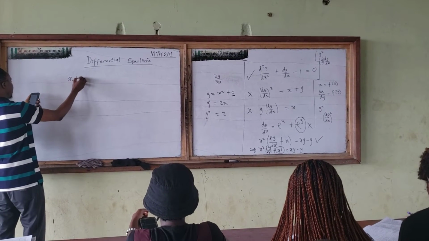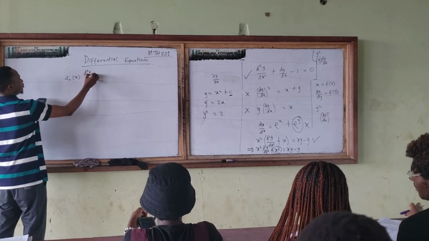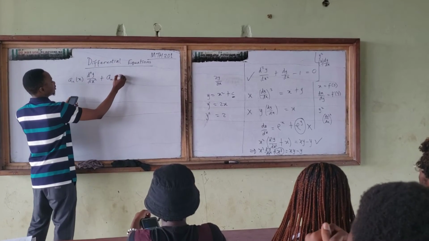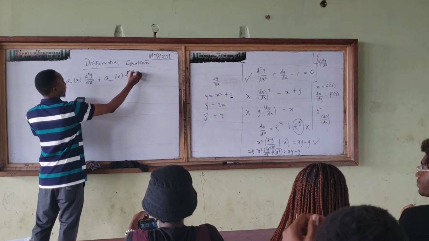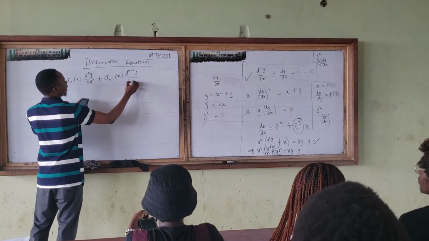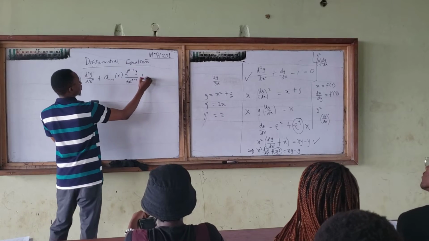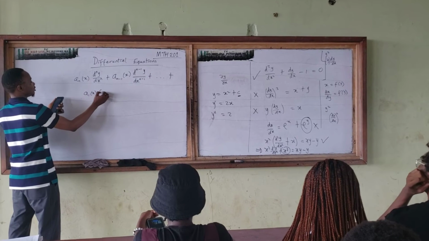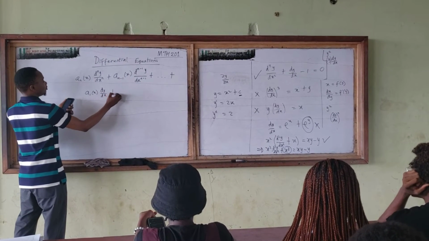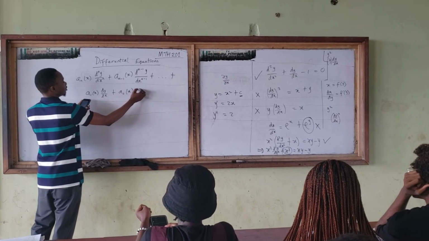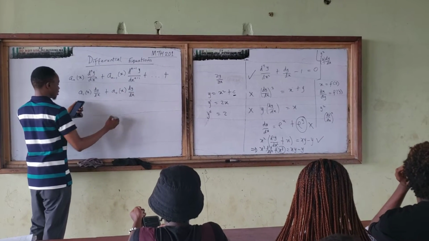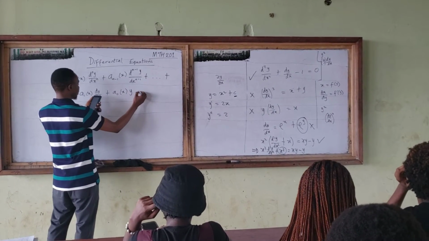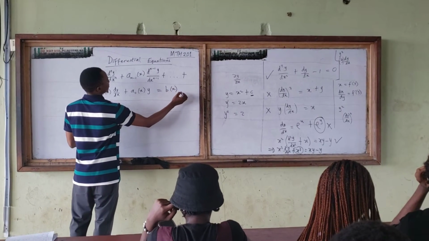You can have something like this: a_n(x) d^n y/dx^n plus a_{n-1}(x) d^{n-1}y/dx^{n-1} plus so on and so forth, plus finally a_1(x) dy/dx plus a_0(x) y, then plus b(x).